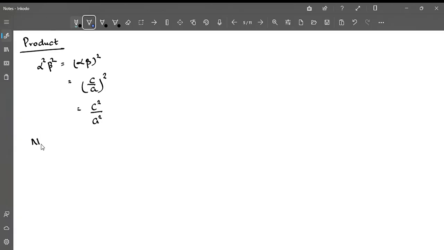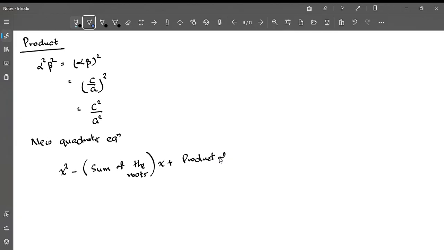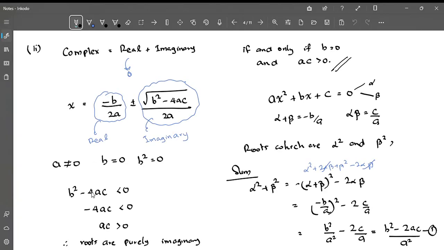Now the new quadratic equation is x squared minus sum of the roots x plus product of the roots equals 0. So x squared minus, what is the sum of the roots?